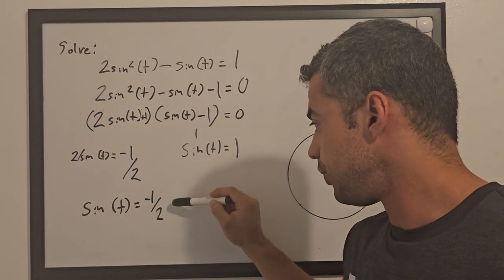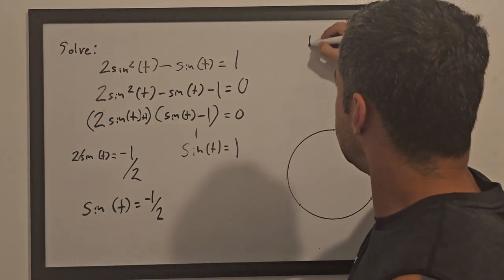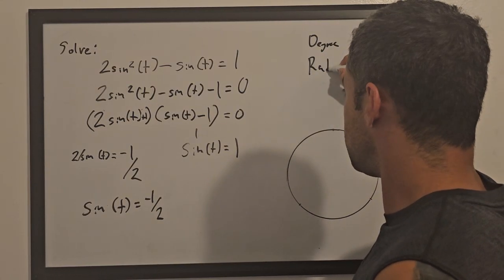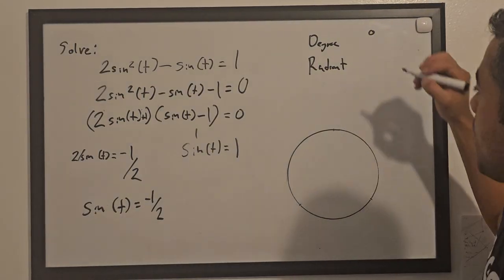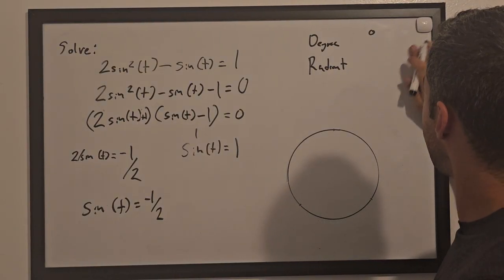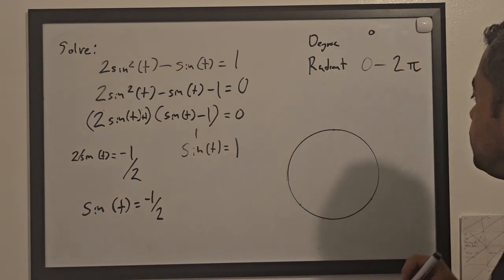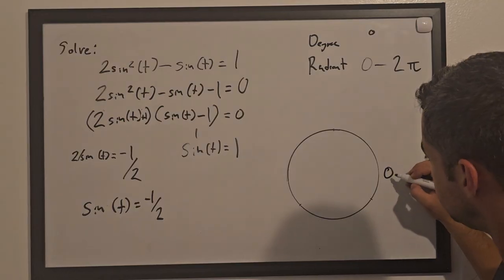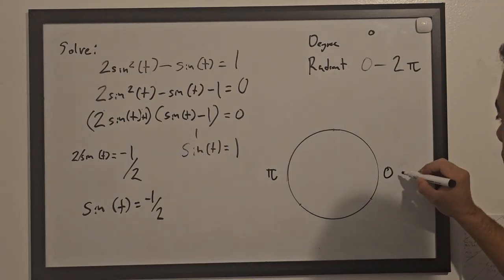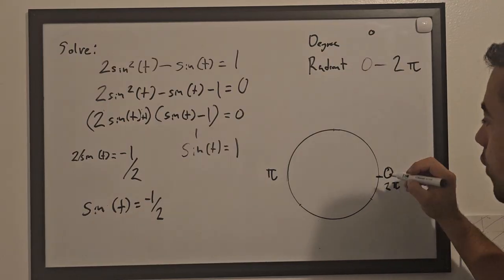We find the value where sine equals -1/2 and write either a degree or a radian, which is something like anywhere from 0 to 2 pi. 0 being here, half of 2 pi, just pi being here, and then for a 360, this same point will become 2 pi when you go all the way around.